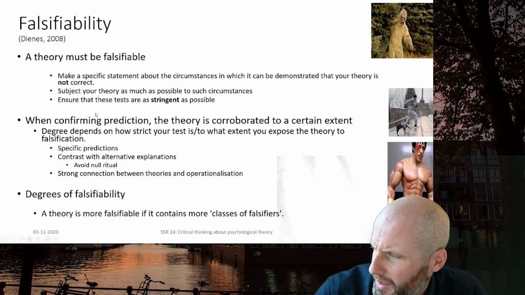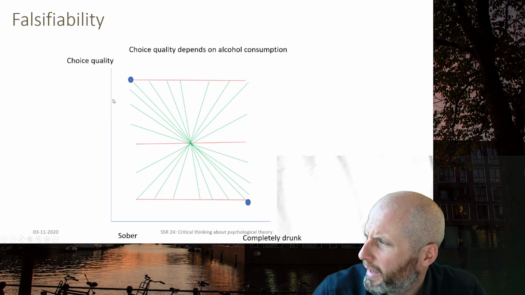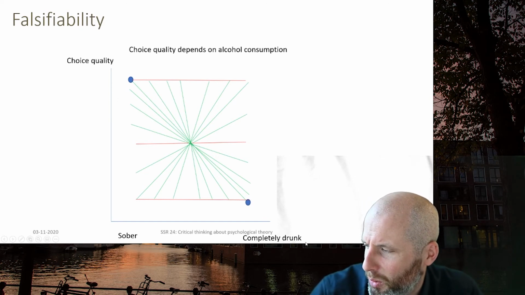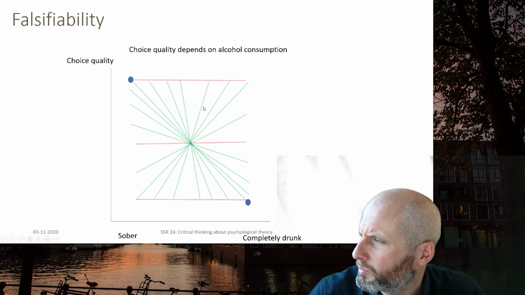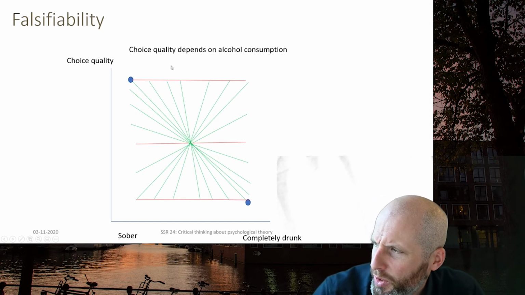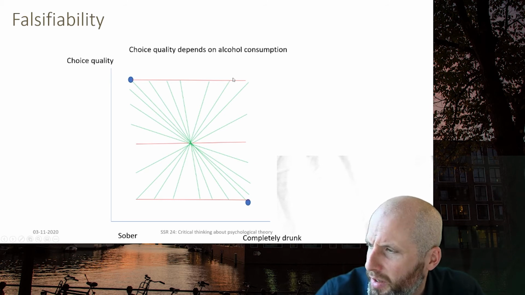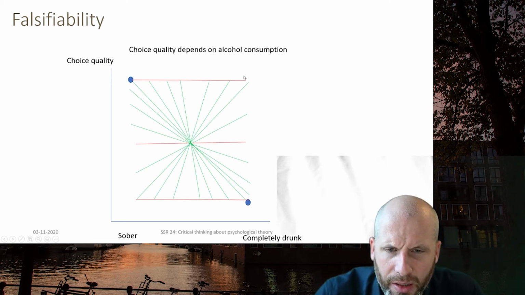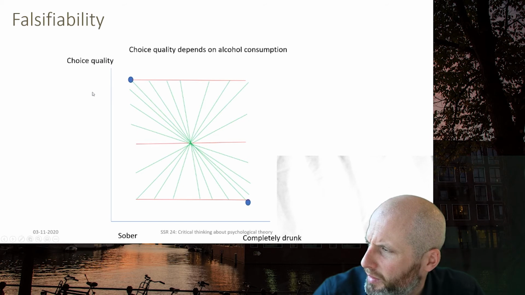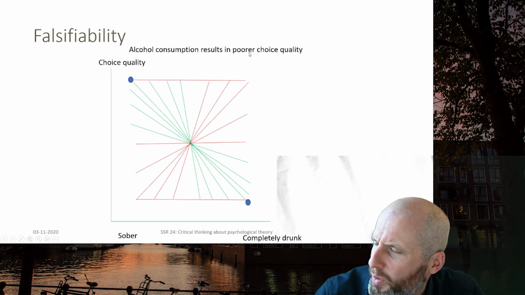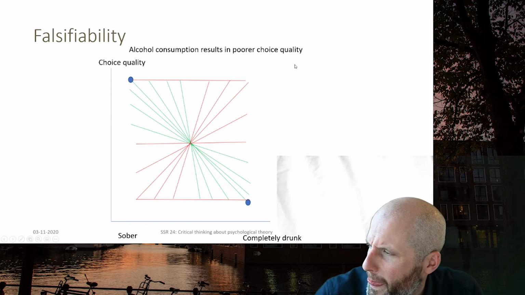To make that latter statement a bit more precise, we can look at the relationship between choice quality and alcohol. If I make the statement, choice quality depends on alcohol consumption, then that's a very generic statement. And you could say that statement is not as falsifiable as the statement alcohol consumption results in poorer choice quality.